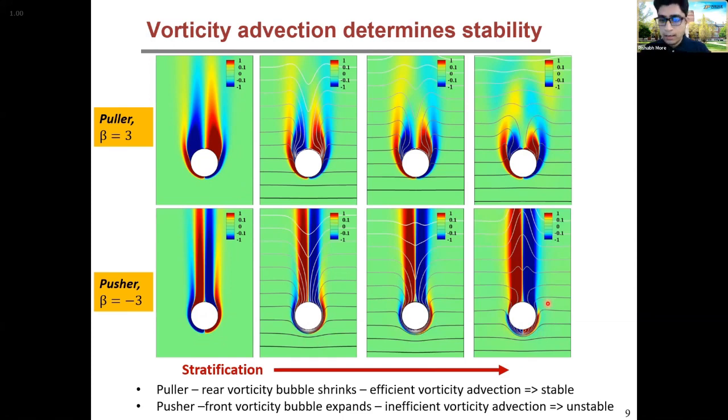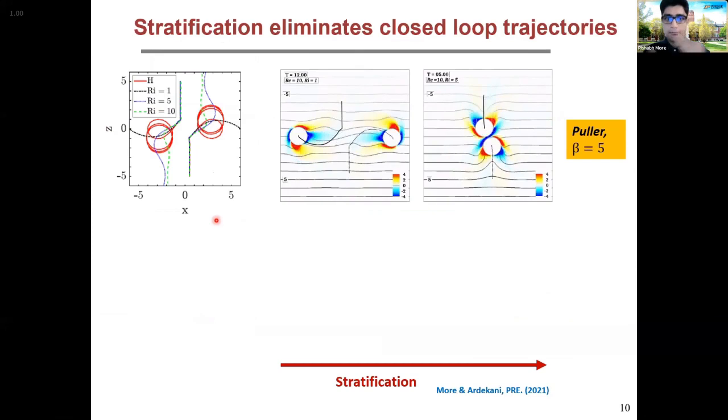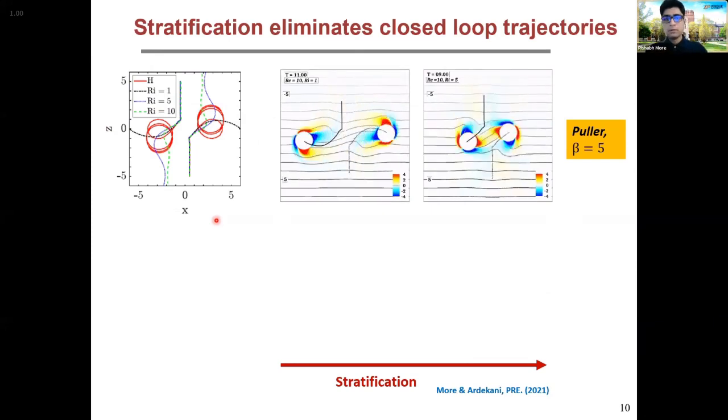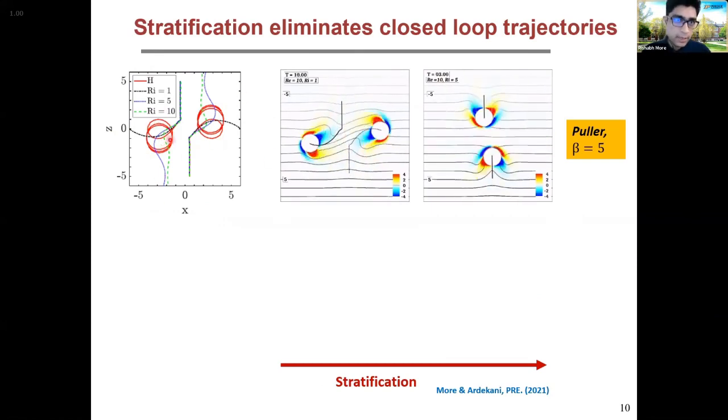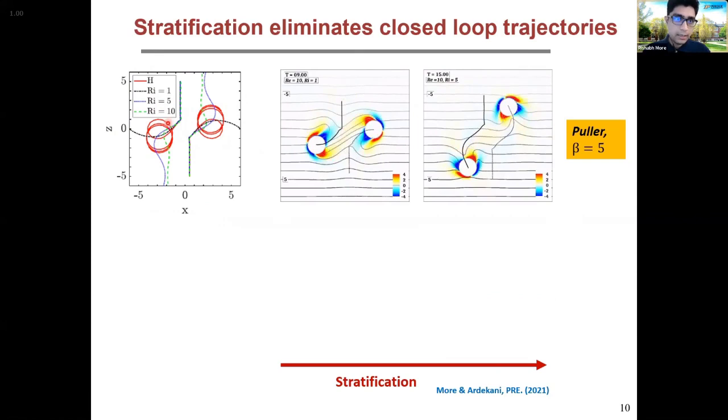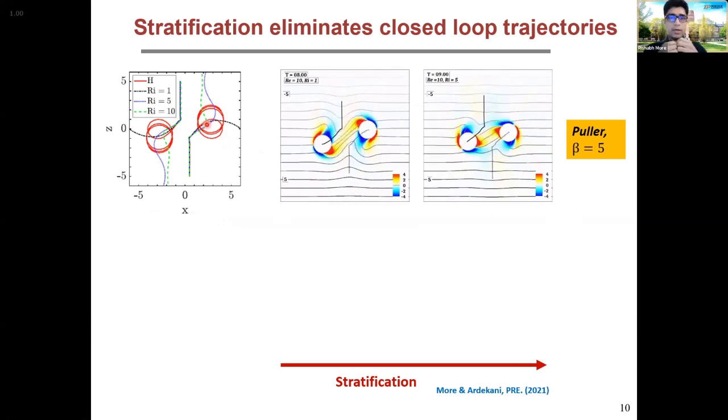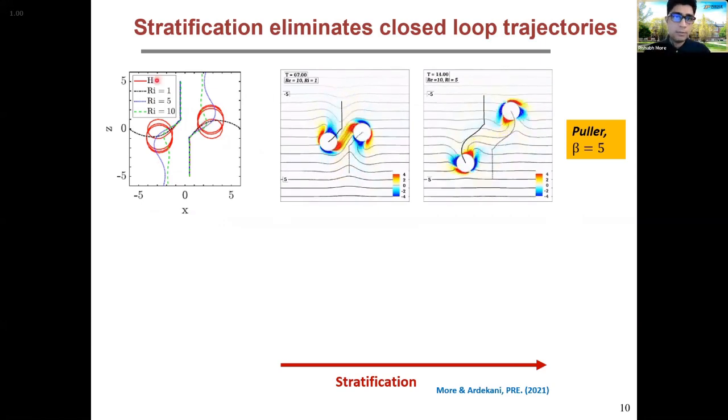unstable. And moving forward, if we look at two swimmers moving opposite each other and colliding, pullers have these closed loop trajectories in a homogeneous fluid, and they get trapped near each other. But if we have a strong stratification, then they don't get trapped near each other, but collide and get separated from each other, with the angle of separation reducing with increasing stratification.